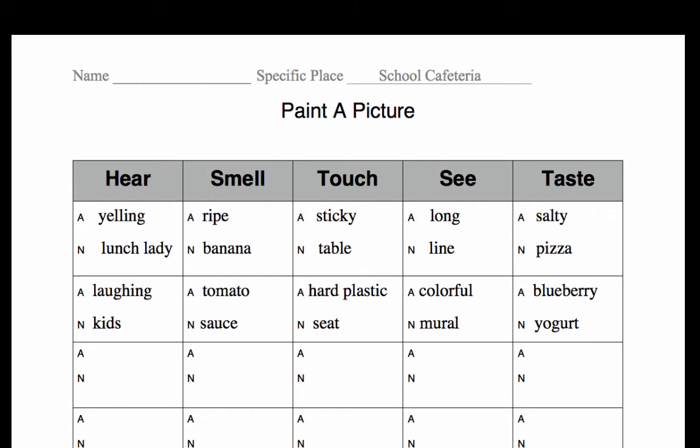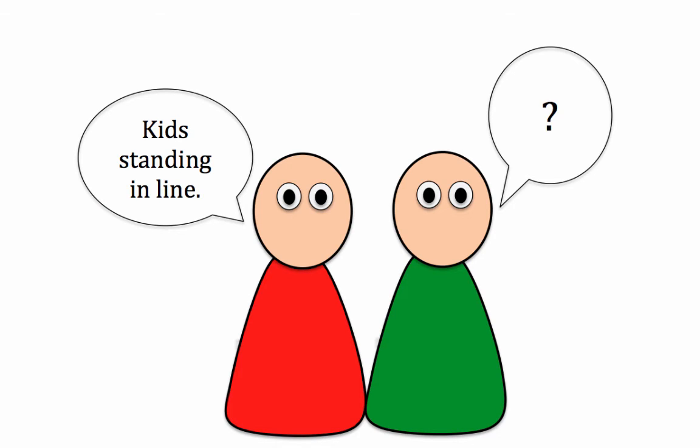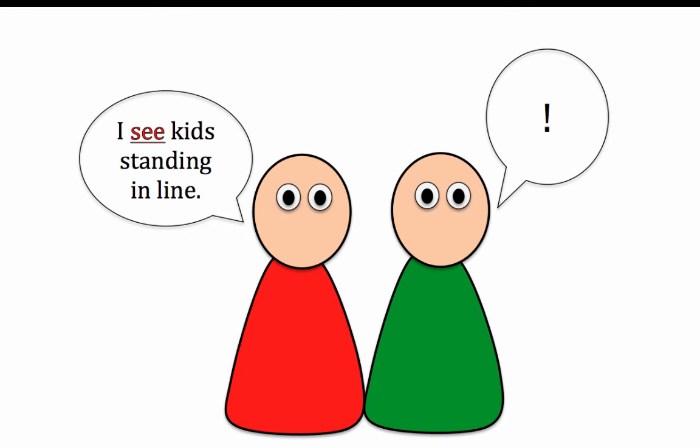Now choose one of the details from your paint a picture chart. Make it into a sentence and say it in your head. Does it sound like a complete thought? Does it sound like what you might say if you were talking to someone? If I said, kids standing in line, that isn't a complete thought. You would say, well, what about the kids standing in line? Instead, I could write, I see kids standing in line.